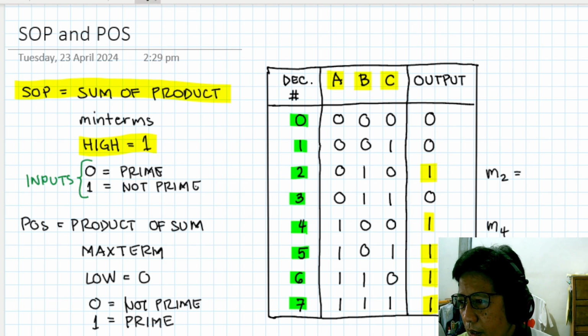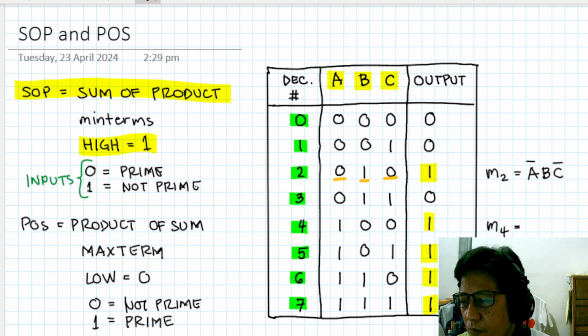So this is equivalent to A, B, and C, and we will look into the inputs to see which one is set to 0 and which one is set to 1. So both A and C are set to 0. So this is going to be prime.